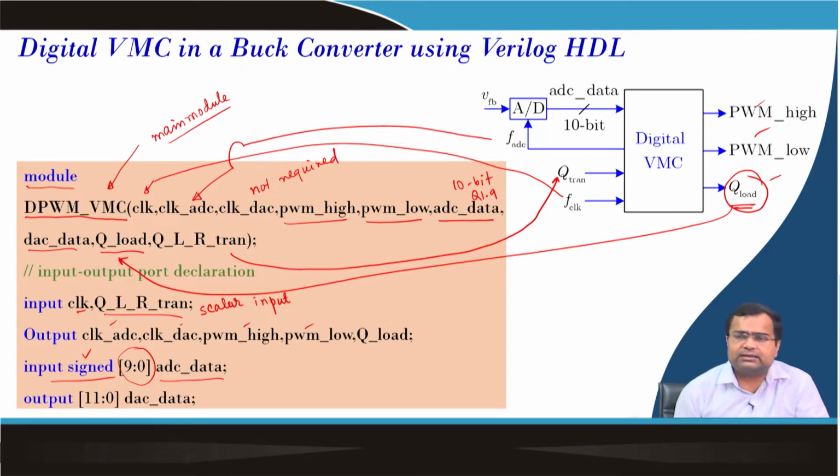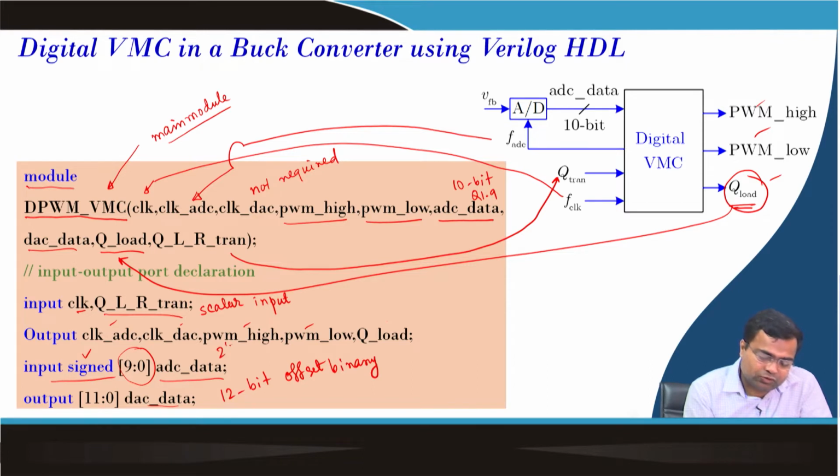We are sending the ADC and DAC clock that may or may not be needed, but we are sending out data for the DAC. Here we are not using it, but we can send some random data, as long as it is not part of the loop it does not matter. But it is a vector of 12-bit data, and remember it is a 12-bit offset binary that we will be using, offset binary, and this is 2s complement.